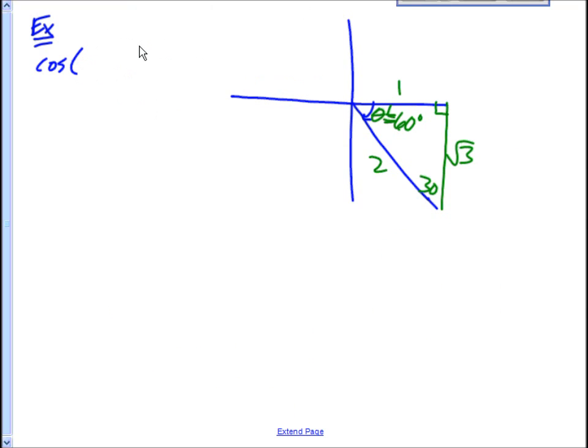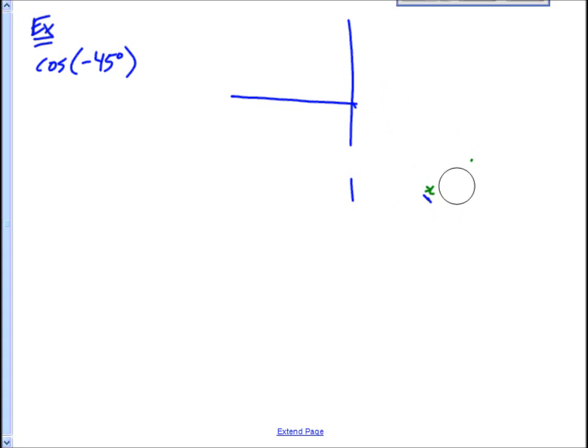Let me change this. How about cosine negative 45 degrees? Okay, let's rotate negative 45 degrees. So my reference angle, my theta prime, is actually 45 degrees in there, right?